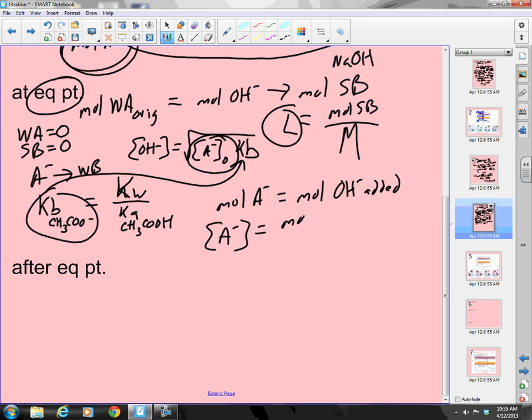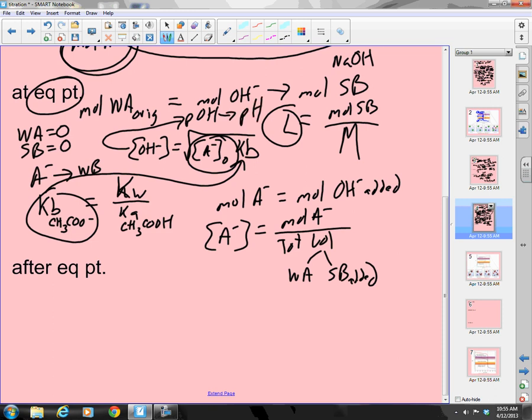So I'm going to take the moles of A minus and divide it by total volume, and that means the volume of my weak acid and the volume of my strong base added. Good. And be careful here. What does this produce? This produces OH minus, so out of this I get pOH, and you need to still convert that to pH.